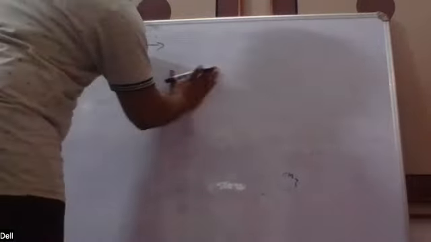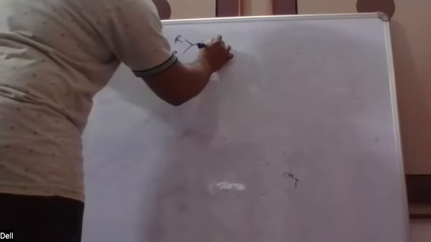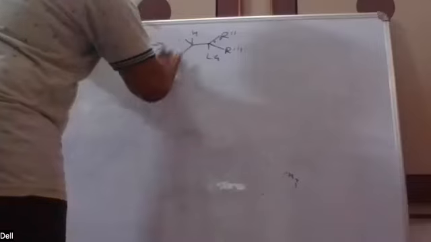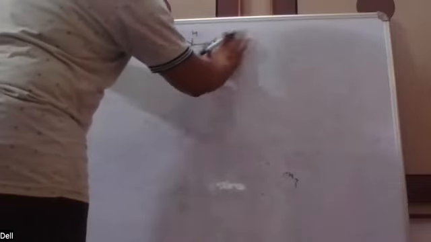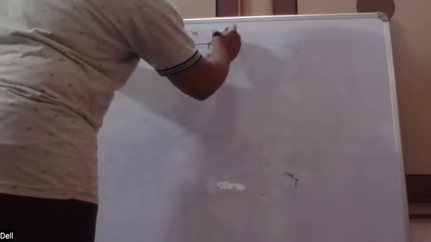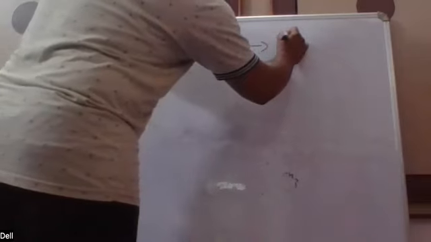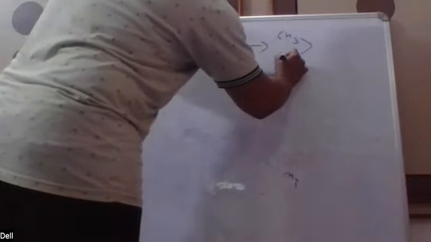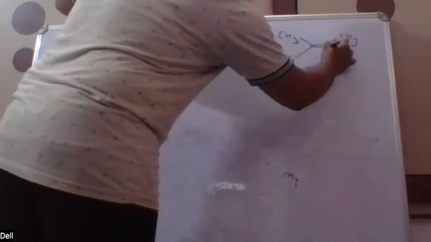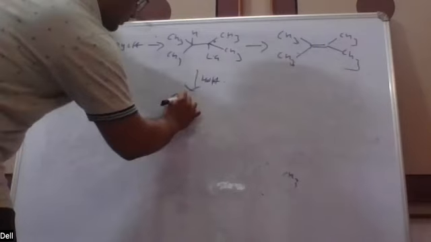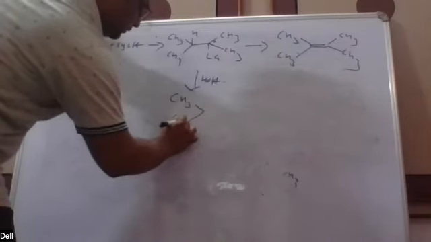So in case of Saytzeff product, the most stable alkene will form, which is the more substituted alkene. But if this goes under Hofmann elimination, then it will form the least stable alkene, or the alkene with a lesser number of hydrogen atoms, like this.